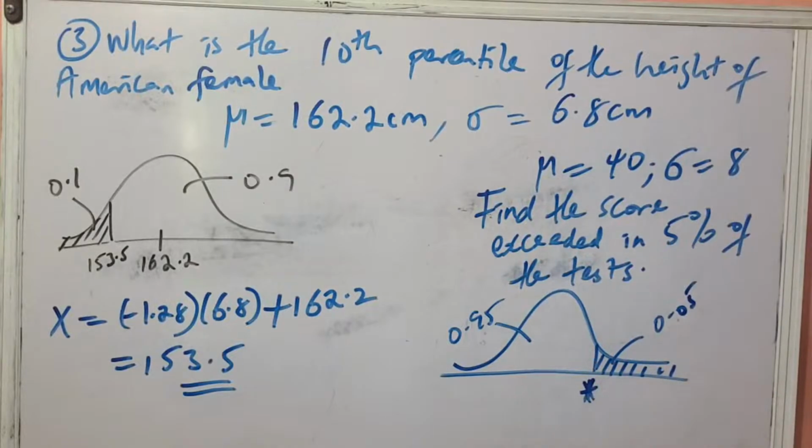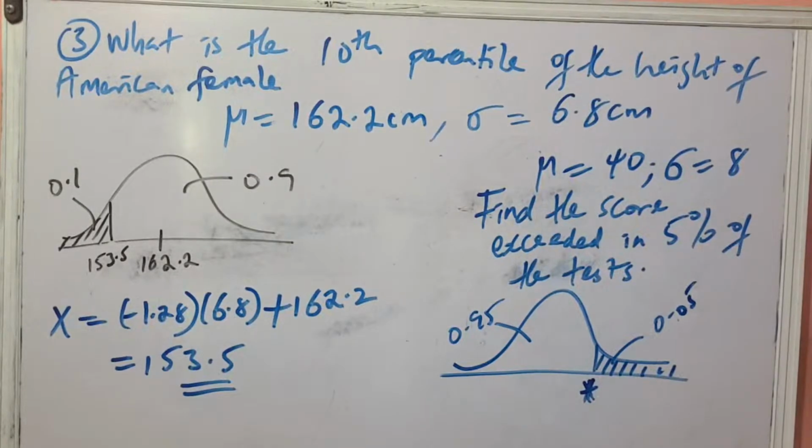So now, what percentile are we dealing with here? Let me see if anybody can actually answer this rightly. What percentile are we dealing with in this particular question? Anybody? Wow, perfect.